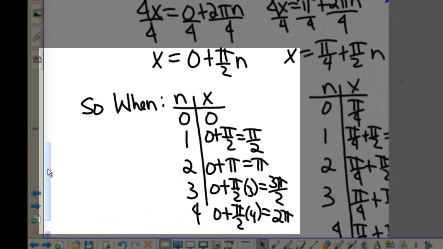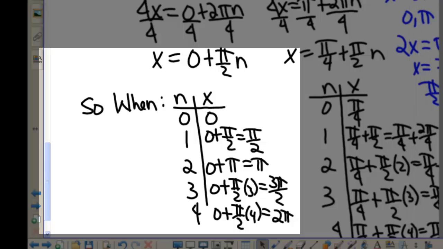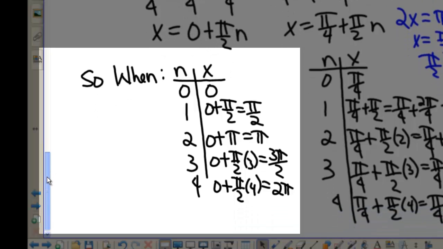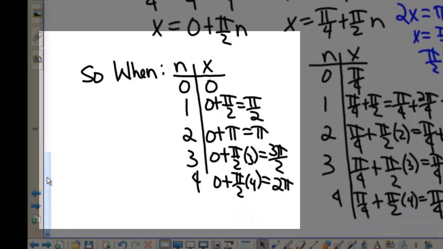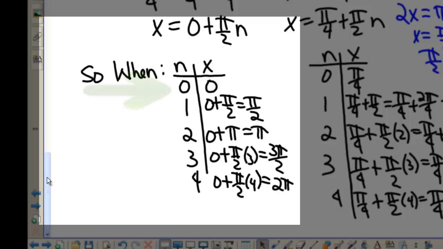I used a chart to hopefully exemplify why we have so many solutions in this problem. Okay, just ignore the blue for right now. The reason we have so many solutions is when n is 0, x is 0. But when n is 1, I get pi over 2.